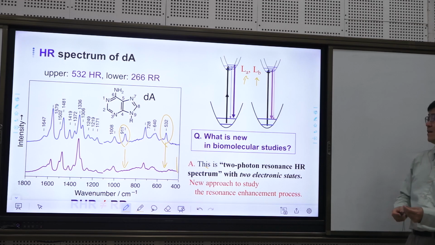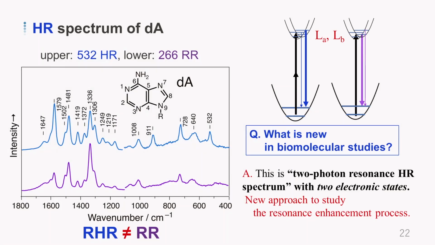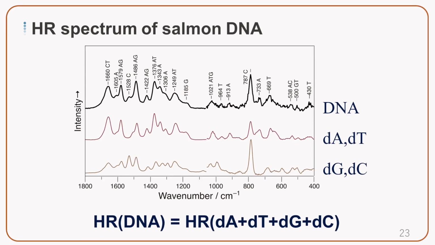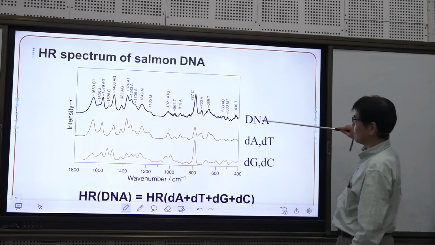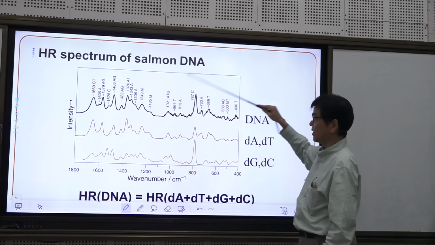Okay. First, I found some new information using hyper-Raman spectroscopy. So this kind of analysis is now going on. By the way, I compared the hyper-Raman spectrum of DNA polymer. This is the result of DNA using salmon DNA.